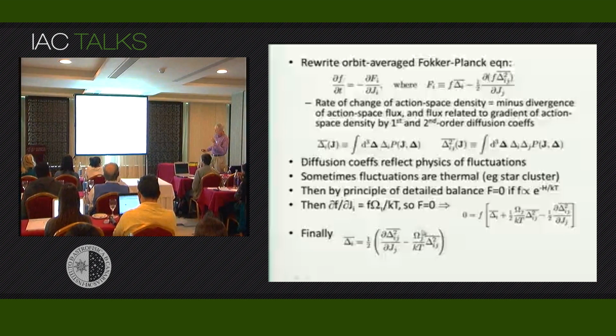I now want to argue, and if you want the details of this, you can find it in a paper by myself and Cedric Lacey in 1988, that in the limit of the recoil by the scatterers being unimportant, because they're so massive they don't notice that they're scattering the stars, that is effectively the same as saying that the scatterers have got infinite temperature. We use this relationship in the limit of infinite temperature when this term goes away, so the first order diffusion coefficient simply becomes the gradient of the second order diffusion coefficient. It's often a very good approximation.